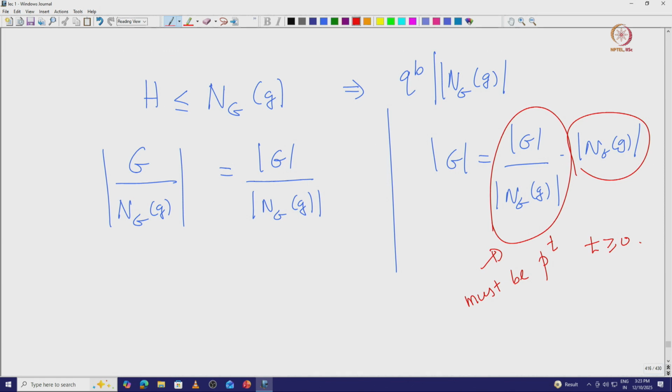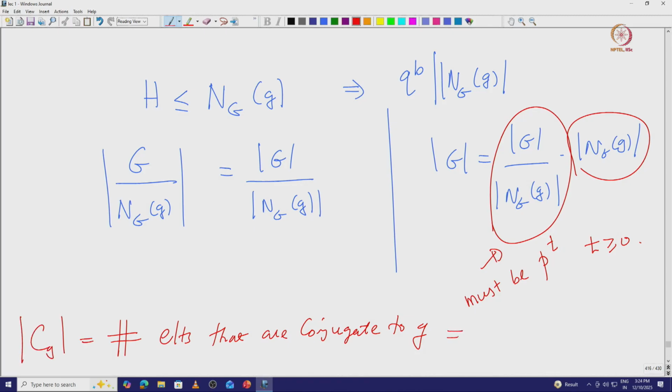But what is this number exactly? If we go back to the conjugation action of G and look at the number of elements in the conjugacy class of g, then the number of elements that are conjugate to g is exactly the cardinality of the conjugacy class, which is given by the cardinality of G divided by the cardinality of the centralizer or normalizer of g.